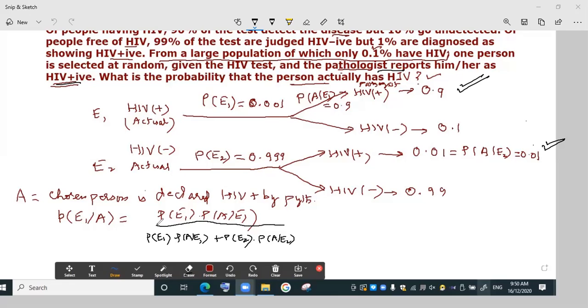So this is equal to probability of E1, which is 0.001, into 0.9, divided by 0.001 into 0.9 plus 0.999 into 0.01.